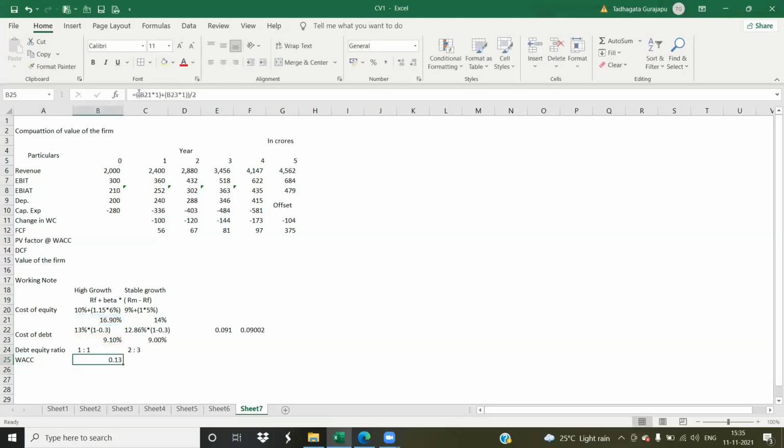So it is 13% here. Next, similarly here, cost of equity into its weight, that is 3, plus cost of debt into its weight, divided by sum of weights, that is 12%. Okay, so this is the working note.